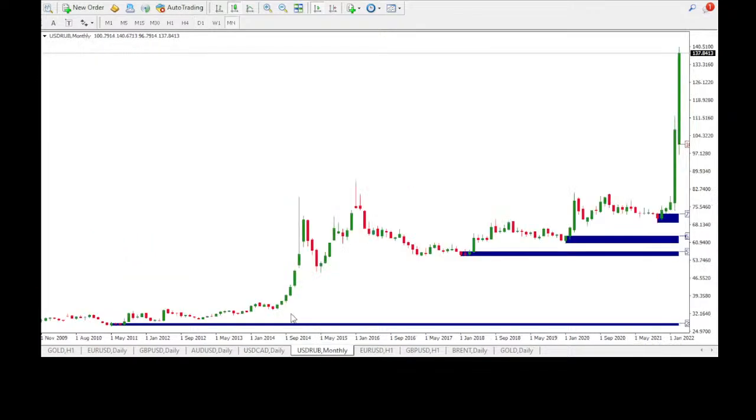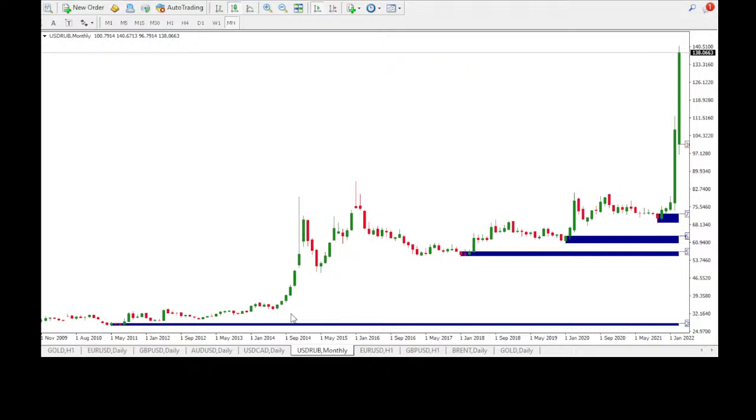What I monitor very closely is US dollar Russian ruble. What is important here is we see a ridiculous, crazy bullish trend right now for this currency pair. It's normal. We have a strong US dollar and a very weak Russian ruble, and these two important things created one of the strongest forex pairs that I ever saw in the last several years, and this is really crazy, I need to say.